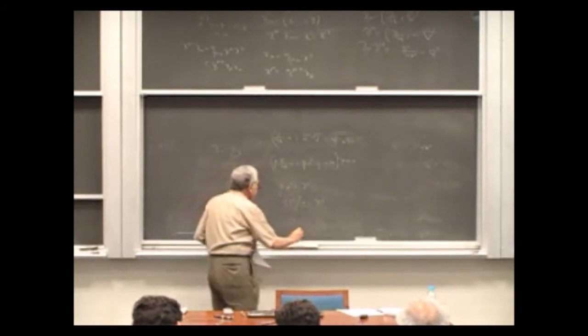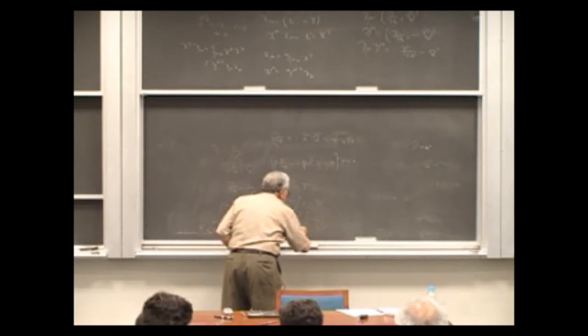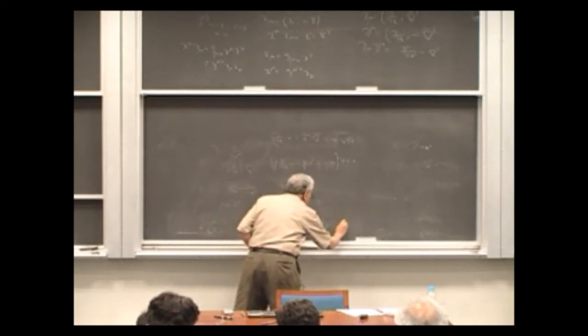And also you can check that gamma I square is equal to minus 1 for I equal to 1, 2, 3.